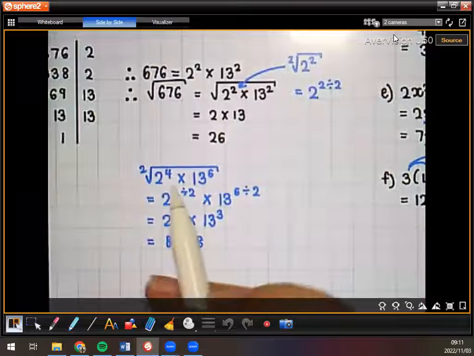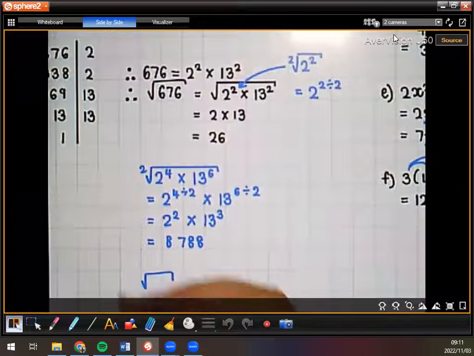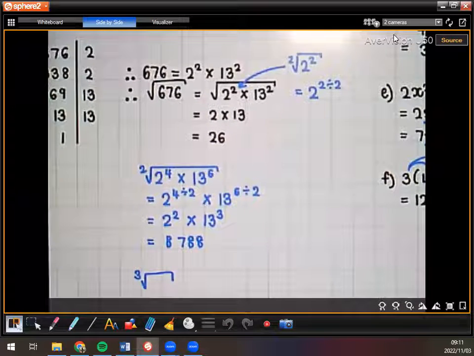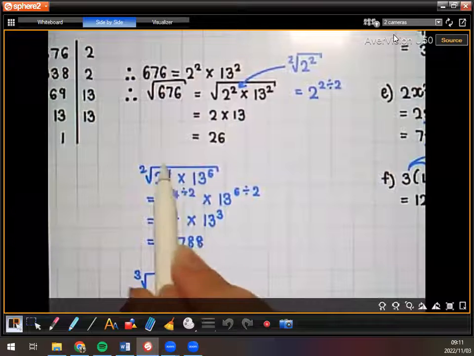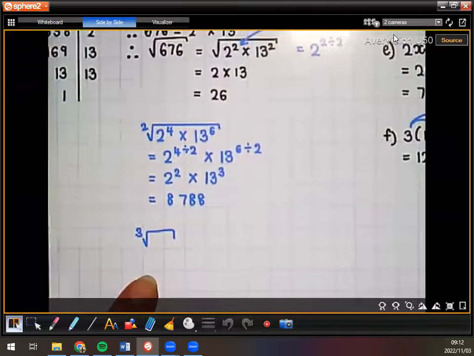So to get the square root, if we have exponents, we divide those exponents by 2. Now, if we have a cube root, guys, what is the number on the outside there? A 3. So in order to get a whole number, because a natural number is a whole number, all of these exponents we need to be able to divide them all by 3.